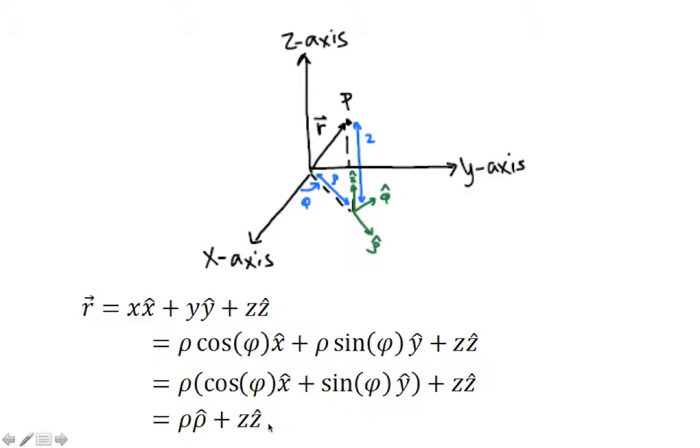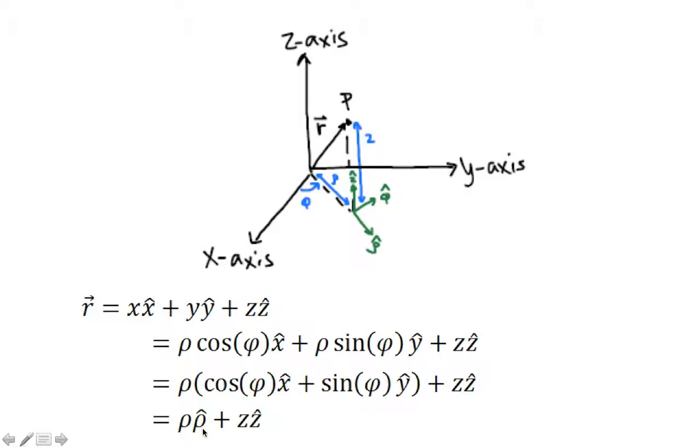And so this displacement vector is going to simplify to rho rho hat plus z z hat. Again, we see that phi does not explicitly appear in our definition for the displacement vector, but phi is inherently a part of rho hat. So rho hat, just like the polar vector r hat, does depend on phi.